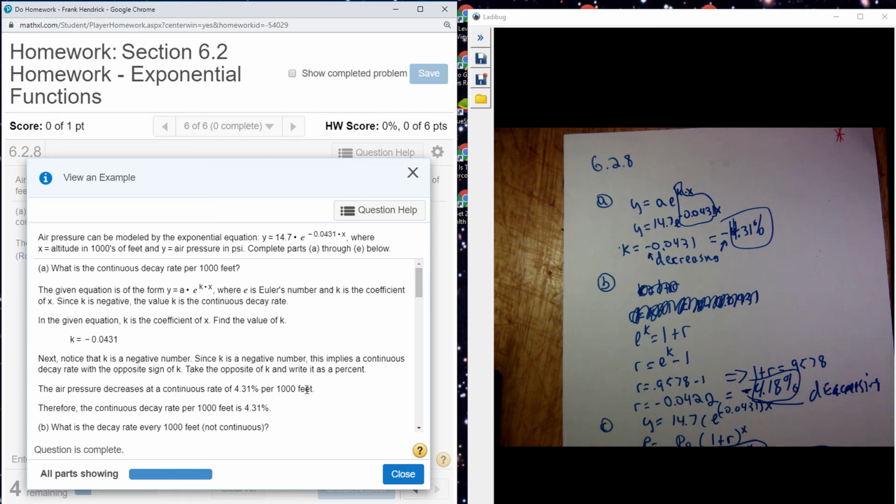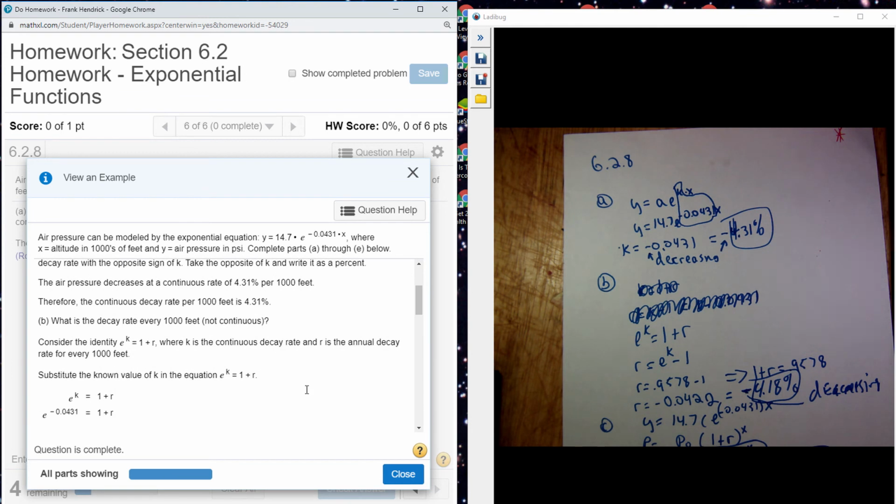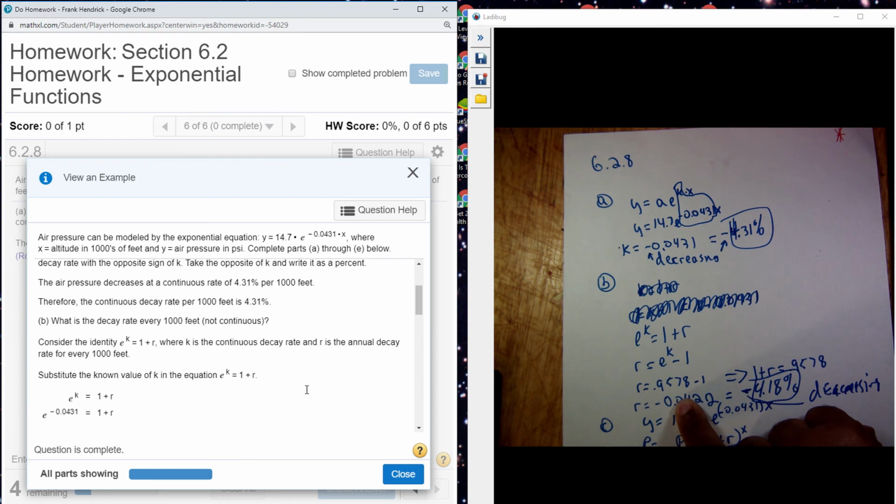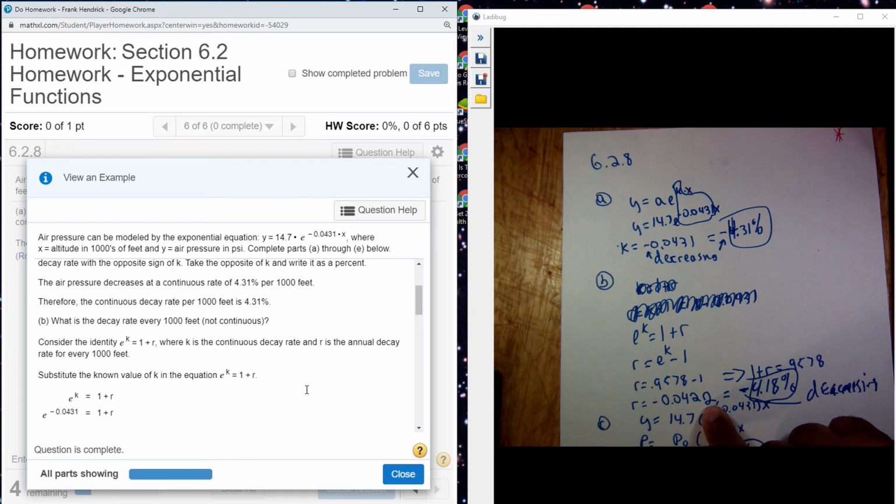Part B wants to know what is the decay rate for when it's not continuous. You already know the relationship: e to the k is equal to 1 plus r. So we find e to the k, subtract 1 from it, and then we'll have r. On our calculators, we could find e to the k to be 0.9578 and subtract 1 from it. And that gives us our r value. By the same token, 1 plus r is equal to 0.9578.